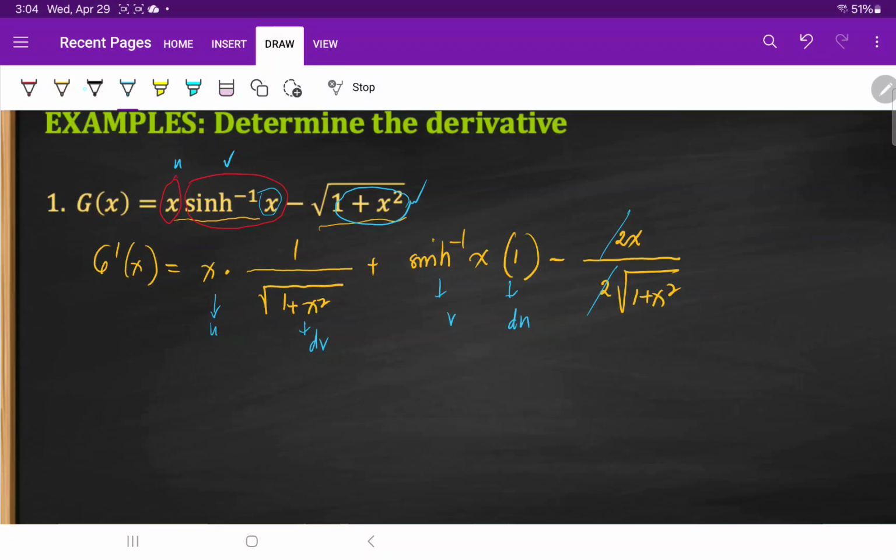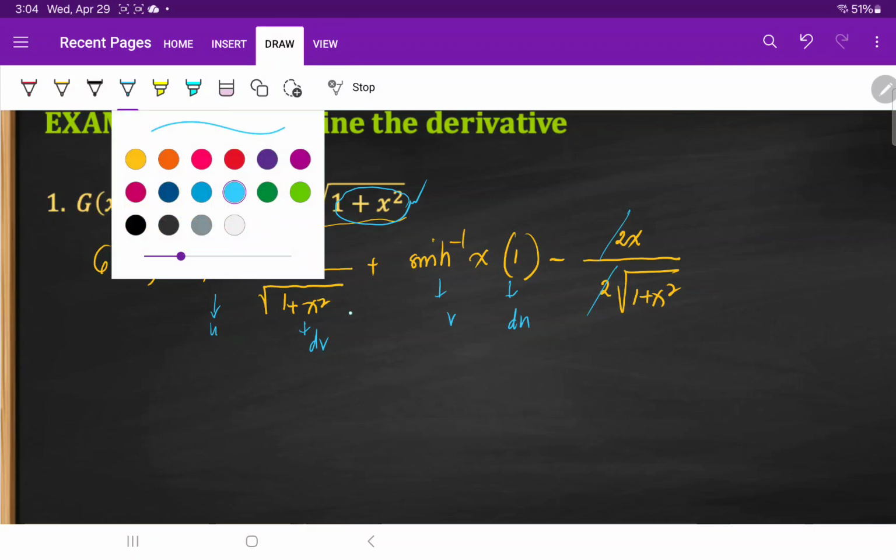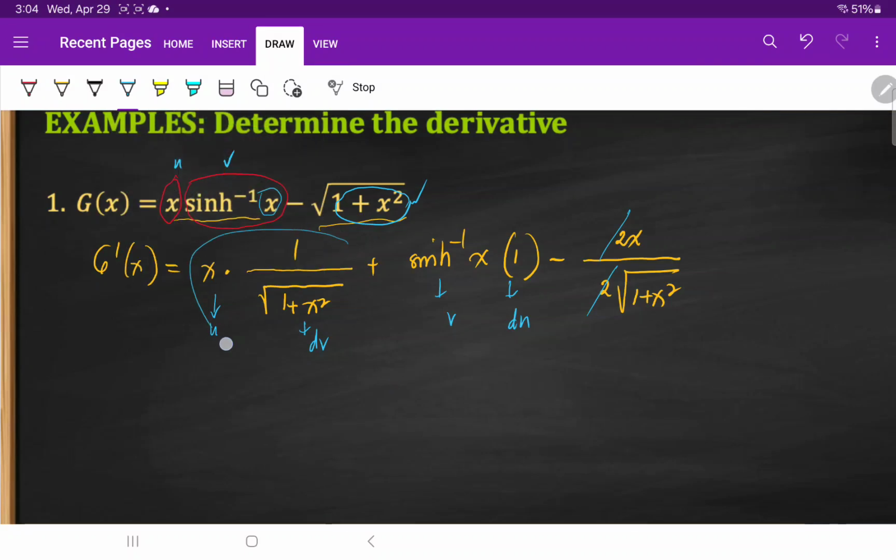So these two are similar but opposite in signs, so that leaves you 0. So when you simplify, g prime of x is simply inverse hyperbolic sine of x.